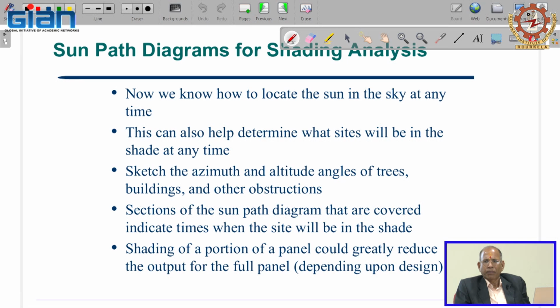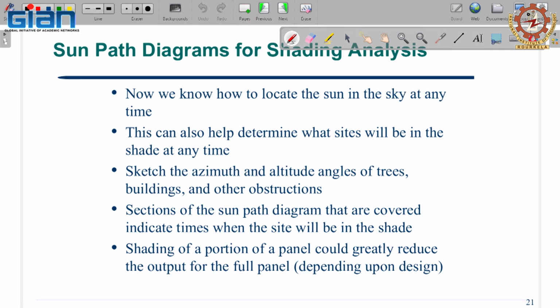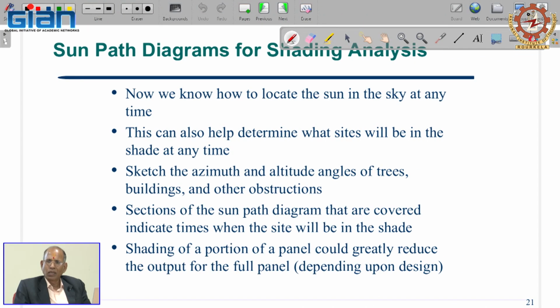Then another interesting point: in PV system design, you are going to consider the sun path diagram because of the shading analysis. As we know, shading is a problem for the PV system. We have to avoid the shading.